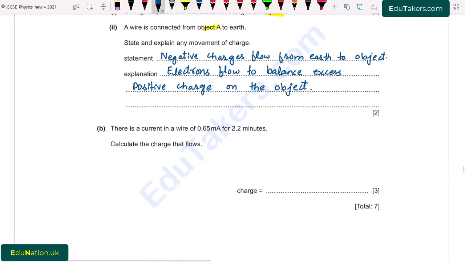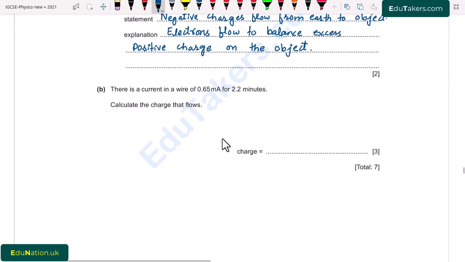Part B. There is a current in a wire of 0.65 milliampere for 2.2 minutes. Calculate the charge that flows. Here current is given, I is equal to 0.65 milliampere. We have to convert this value into amperes.